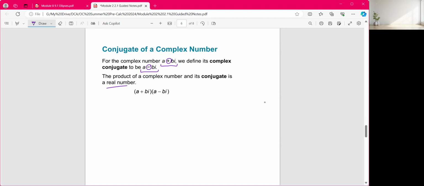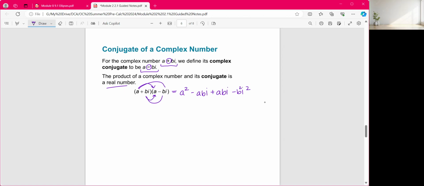And I can show you what happens in this one. We'll have a times a, a squared. A times negative bi, negative abi. Bi times a is a positive abi. And negative bi squared, oh, actually negative b squared i squared.